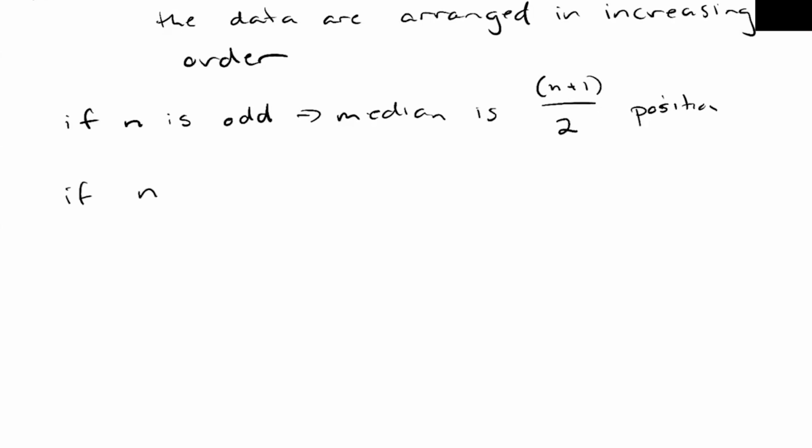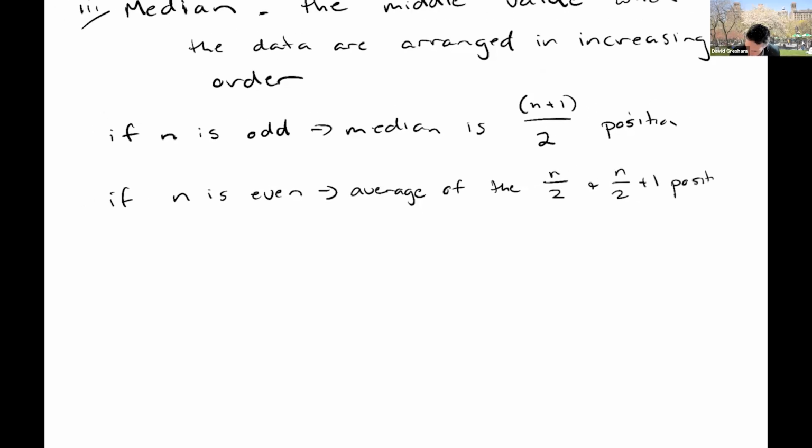If n is even, it's the average of the n divided by 2 and n divided by 2 plus 1 position. So if we had 22, it would be the average between the 11th and the 12th position.